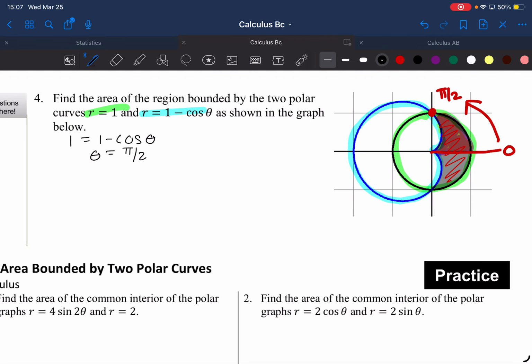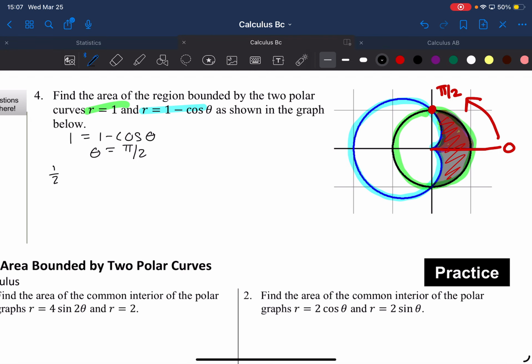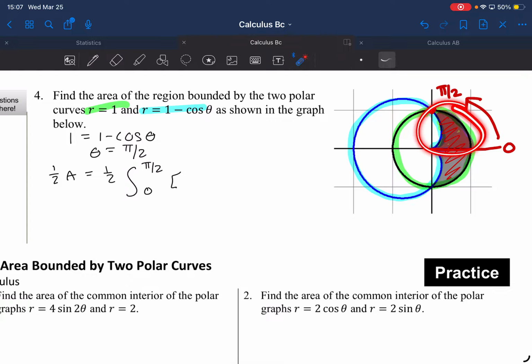So then writing out my equation, I'm finding half of the area, and that is equal to 1/2 integral from 0 to pi halves. Okay, and then I have to determine which one is my function that is on the outside. Okay, remember it's going to be the outside function minus the inside function. So looking at just this part that I shaded, which one is on the outside? Good, the green one. R is equal to 1.